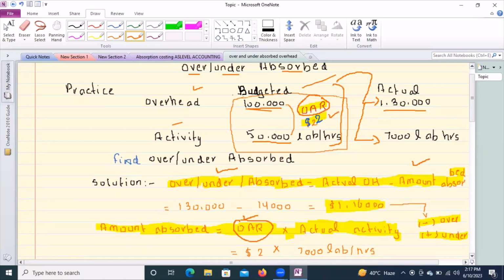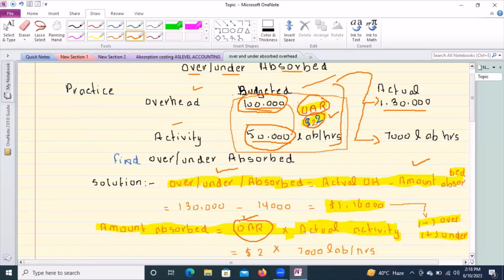It means if our labor works for 1 hour, their fixed overheads will be $2 per hour if they work for 50,000 hours. It means that if your budgeted overhead is 100,000, and your workers work for 50,000 labor hours, it will cost you $2 per hour.